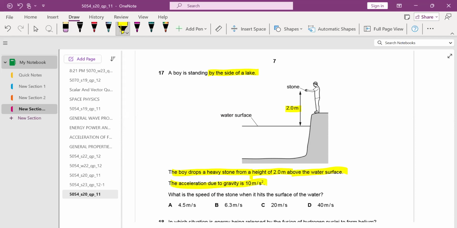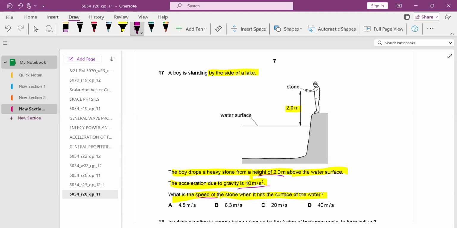Gravitational field is given. They are asking you to find the speed of the stone when it hits the water surface. You can see that only height and gravitational field are given and they are asking you to find the speed. So this is again a higher order question, and this is a star question, you can say.